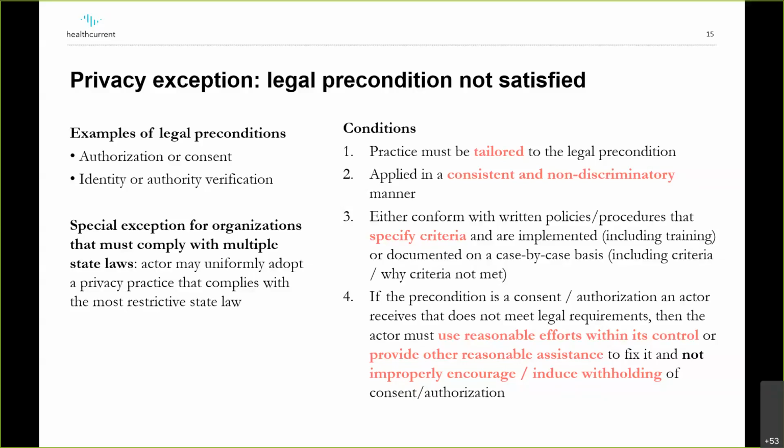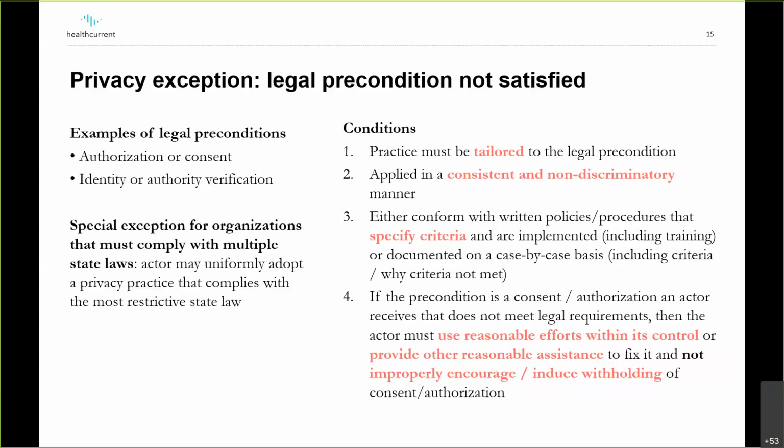The other thing that you're going to have to do in order to qualify for this exception is, if you're denying the access request because what you got in terms of the consent or the authorization does not meet those legal requirements, under this safe harbor, you have an affirmative obligation to pick up the phone and call that OBGYN and say, this isn't sufficient or release for the information that you've requested.